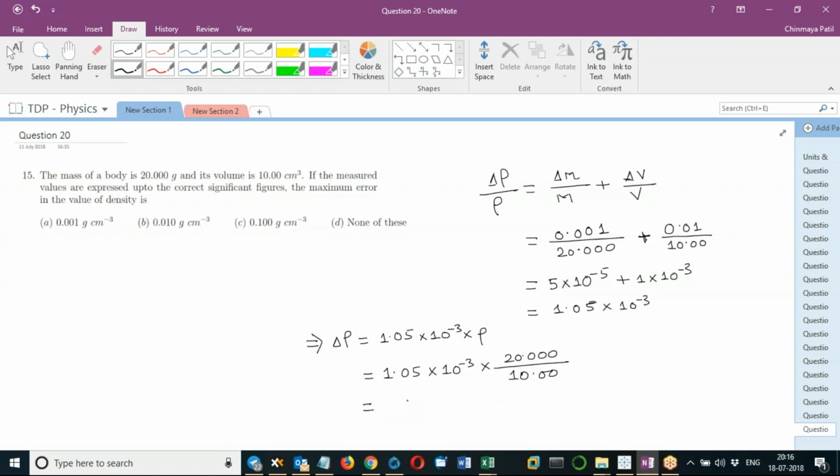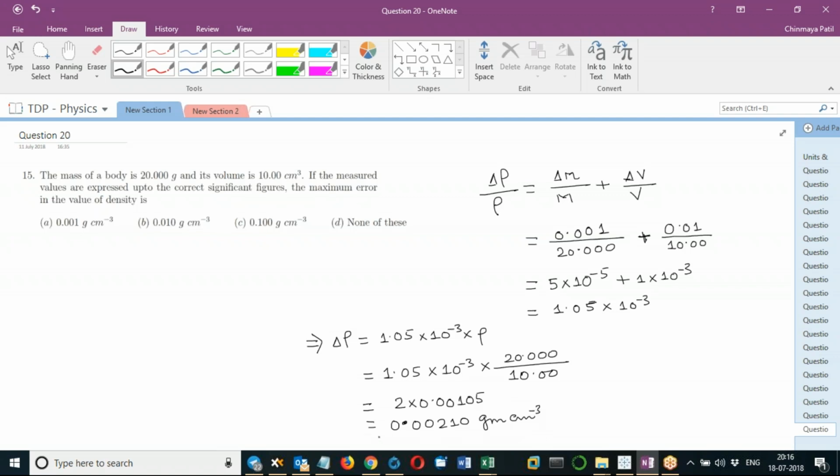Because that is what rho is, mass by volume. If we simplify it further, we will get 2 into 0.00105, and that will give us a result like 0.00210 gram centimeter power minus 3.